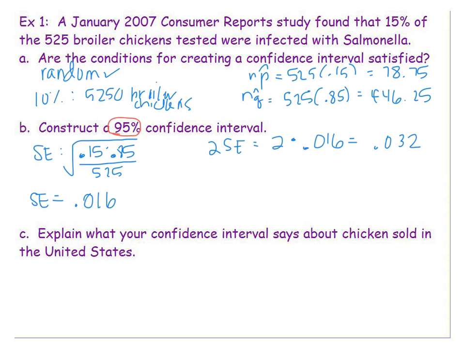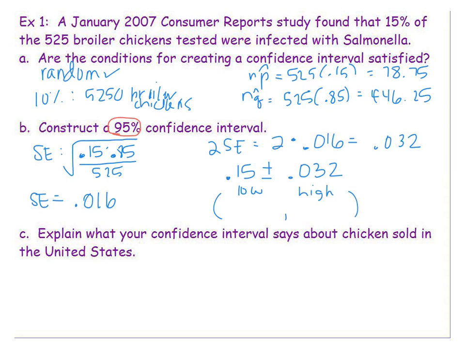So to find our interval, all we have to do is take our p hat, which is 0.15, and add and subtract 0.032. And when we write our interval, we're just going to write it in parentheses with our low number on this side and our high number on that side.